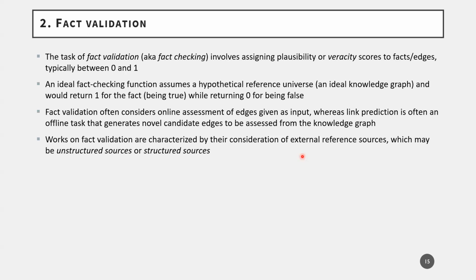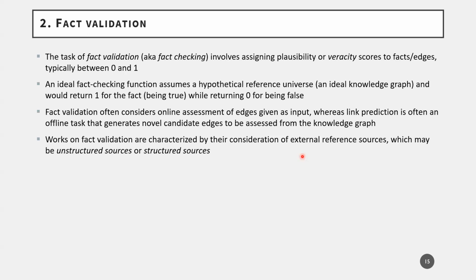Fact validation often considers online assessment of edges given as the input, whereas link prediction is often an overlay task that generates novel candidate edges to be assessed from the knowledge graph.